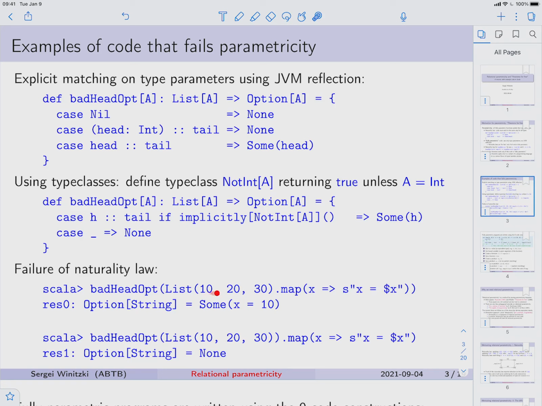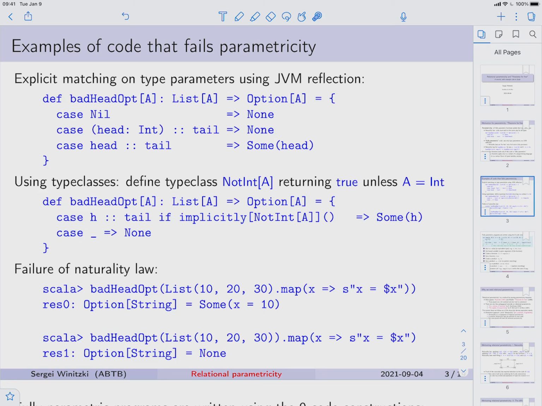Here's an example. You take a list, you map it with some function that just converts to strings having the text x equals value, and then you take head option. So if you first do map on the list and then head option, then it's a string in the list, and then it's the usual head option. But if you first compute head option on the list, then it will be in this place in the code, and then you map and you get none.